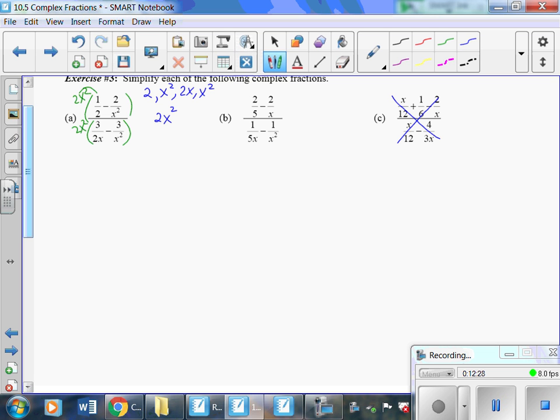And when I do that, use your distributive property, I get 2x squared times 1 minus 2 times 2 is 4x squared. All right, this was over 2, this was over x squared. Our denominators don't change in our minor fractions. All right, and then we use a distributive property here and here. So here we get 6x squared over 2x minus 6x squared over x squared.